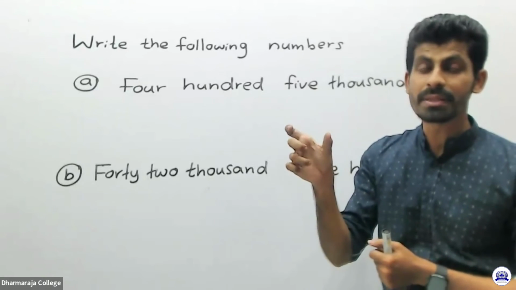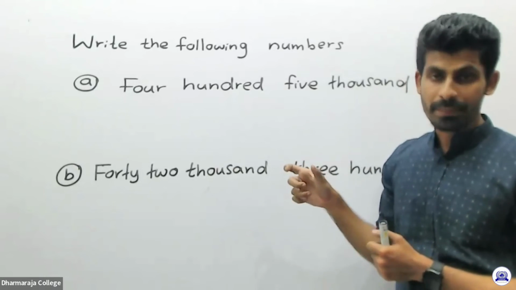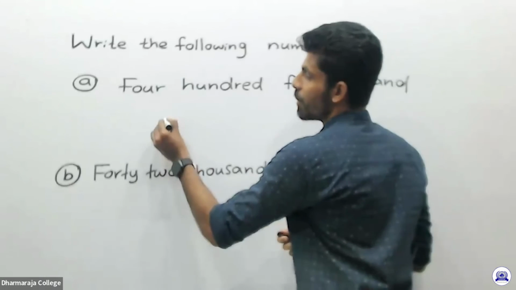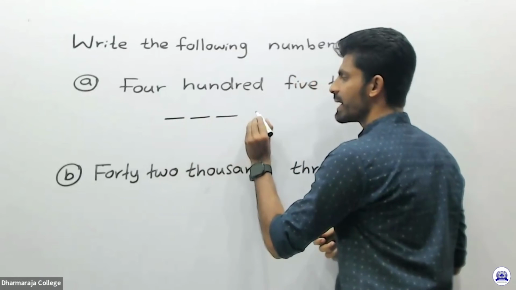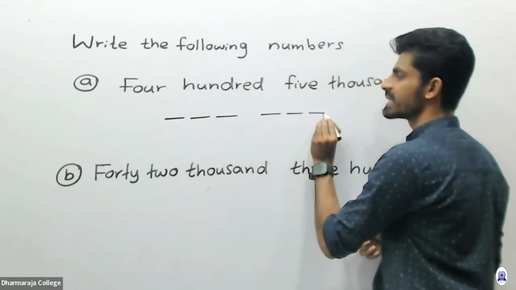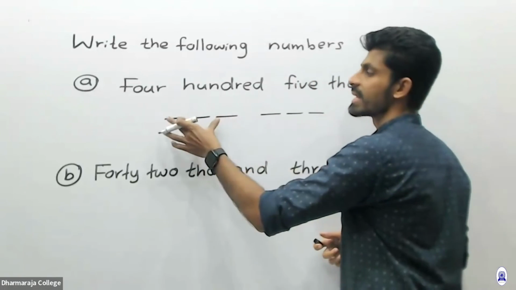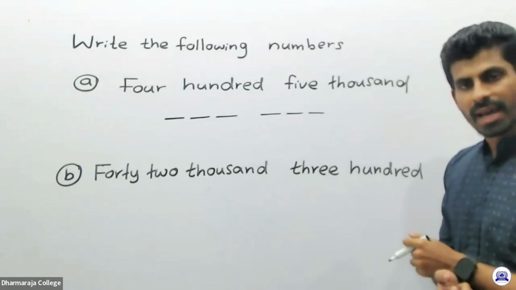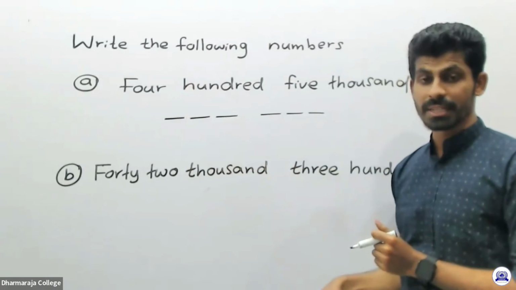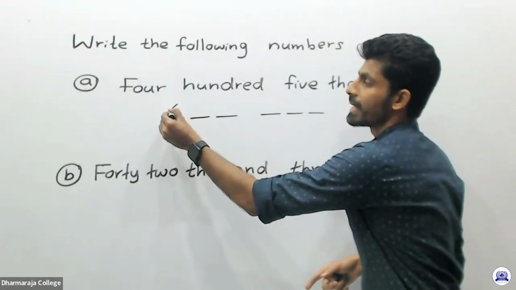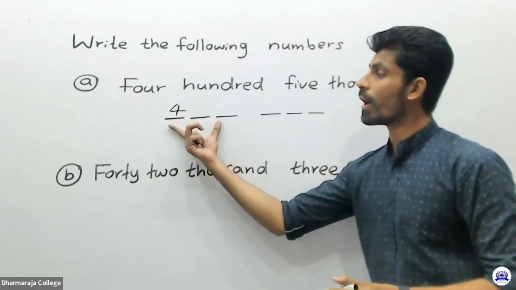1,000 means period. This is the period of 1,000. 1,000 means 1, 2, 3, 4, 5, 6 numbers. This is units period and the thousands period. Okay, 4,000. If you are going to write down here, no, 400,000.